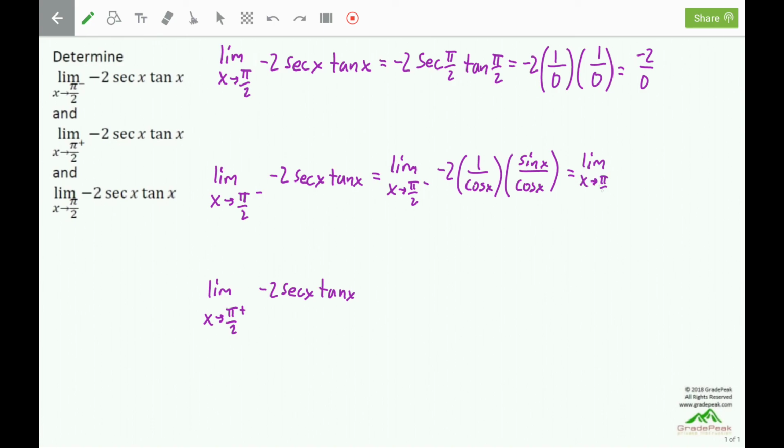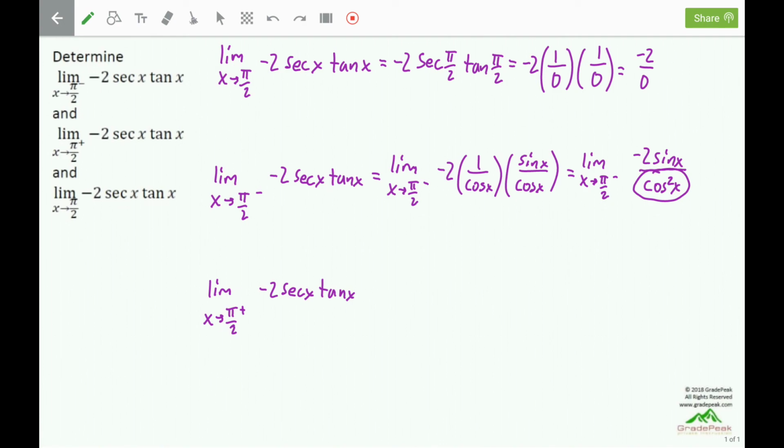We can now multiply all of the numerators together. Negative 2 times 1 times sine of x will give a negative 2 sine x, divided by, multiply all the denominators. Cosine times cosine is cosine squared. Cosine of pi over 2 is 0, so that's what's making 0 in the denominator here as x approaches pi over 2. We're going to analyze it a little closer according to the side it's approaching from for that cosine.